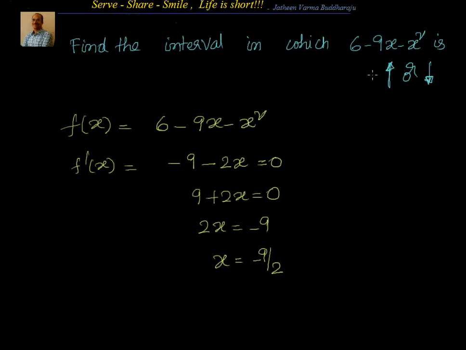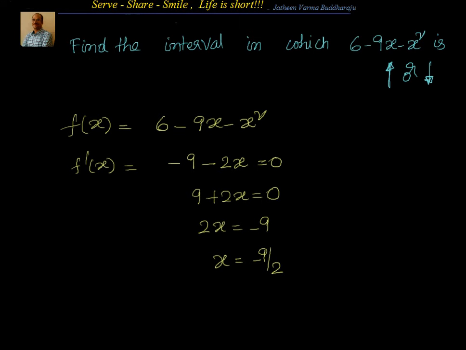We know that this function is continuous and does not have any breaks, and at x equal to minus 9 by 2 the slope becomes 0. What is the meaning of that? The function is increasing in one interval and decreasing in the other interval. That's why the slope of the function at minus 9 by 2 is equal to 0.